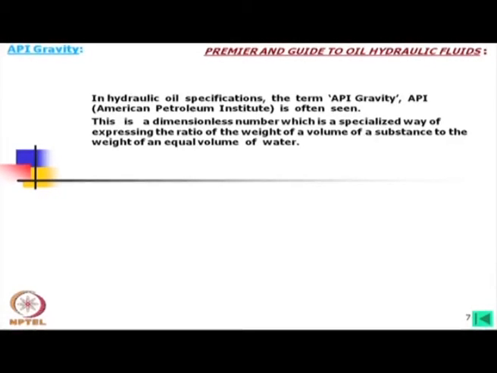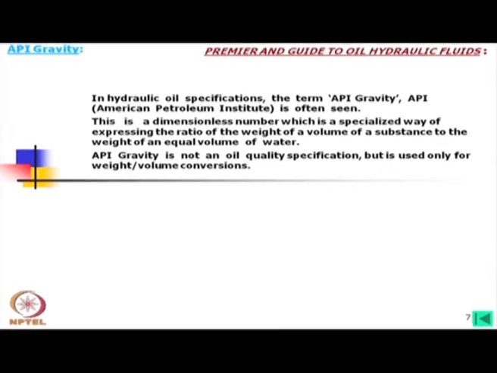So this gravity of oil is called API gravity, and it is specified because it is required for different calculations. Practically, API gravity is not an oil quality specification, but is used only for weight and volume conversion.